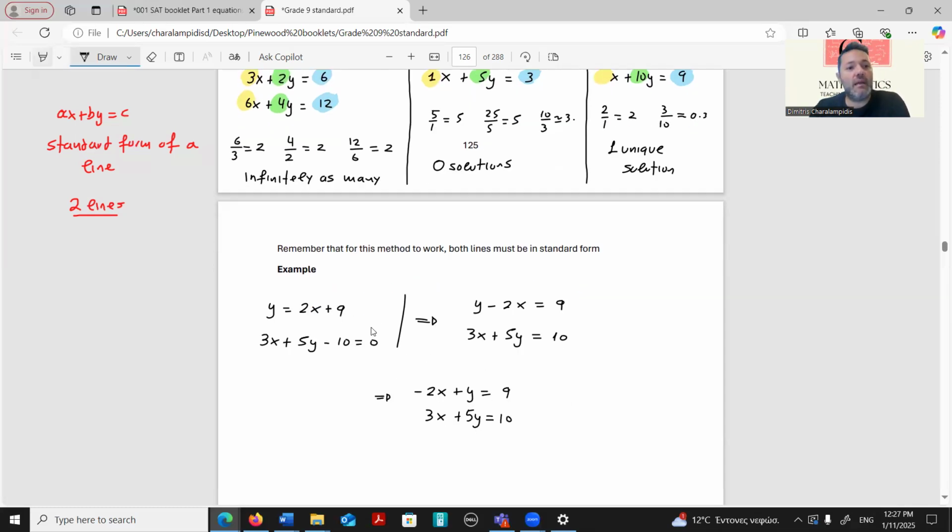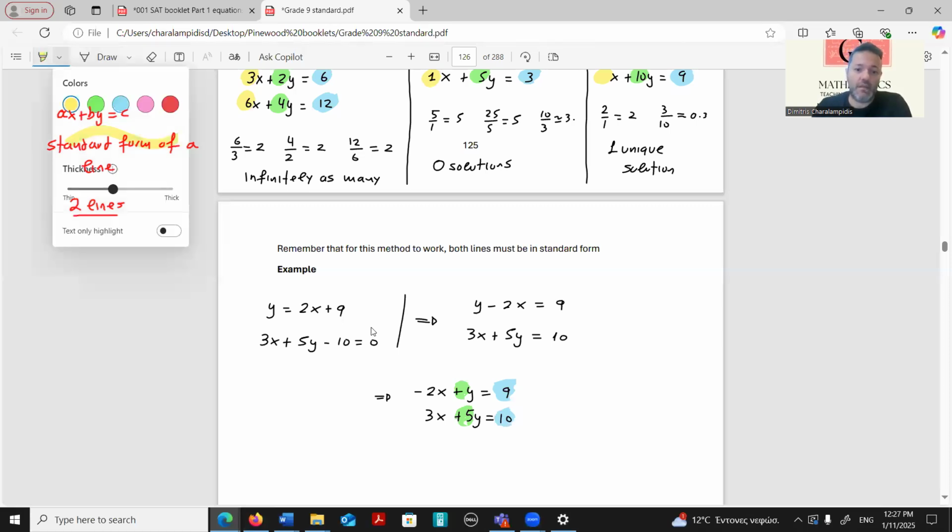Now I can determine the values. These are the constants. These should be the coefficients of x. Let me write that again. These are the coefficients of y's.